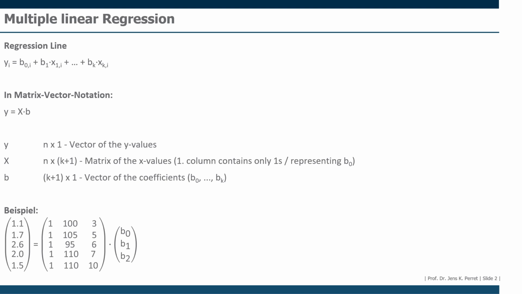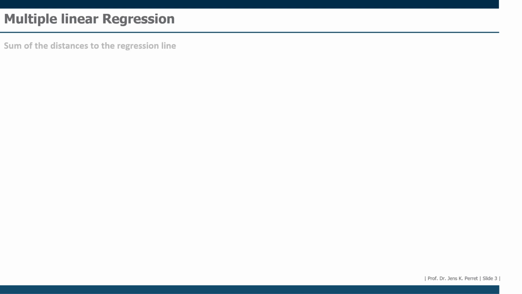Okay, so much for the general notation. How do we go about calculating the best fit, the coefficients which describe the best fit? Well, we first consider the difference between the inputs, that's the right side, and the outputs, which are the dependent variable.